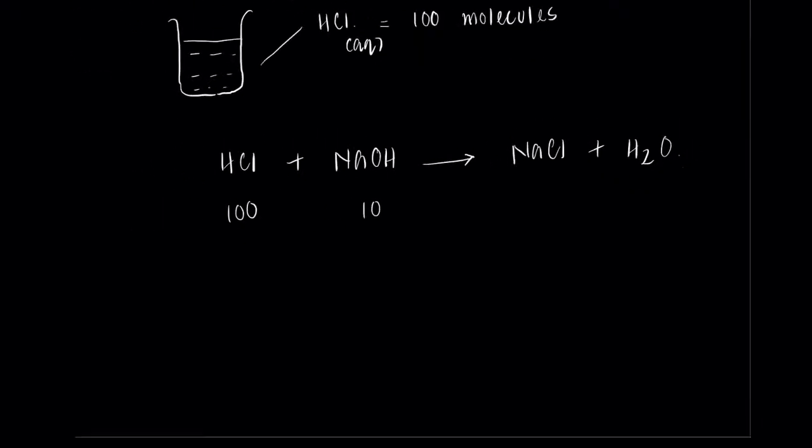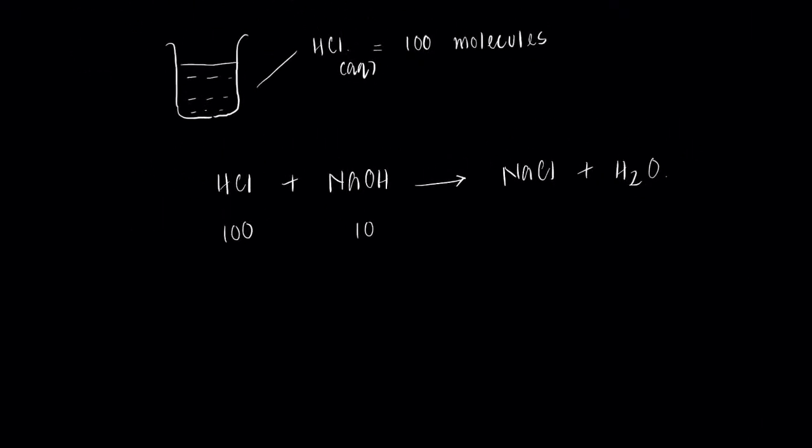Some people are saying no. And this is because as soon as you put NaOH in there, it'll react to form salt and water. So of the 100, 10 will react and you'll be left with 90 molecules of hydrochloric acid, and you'll produce 10 molecules of sodium chloride and 10 molecules of water, right?